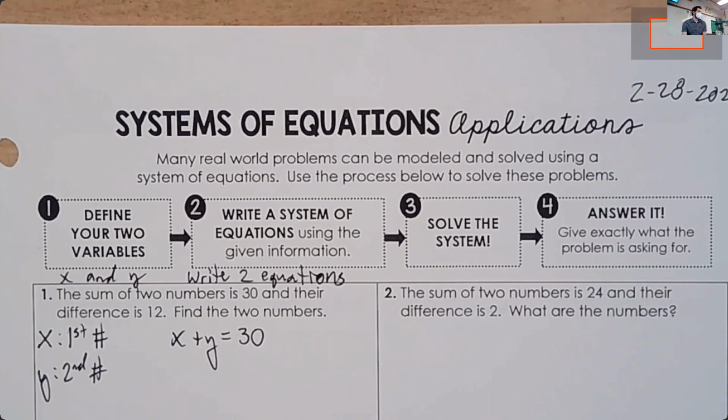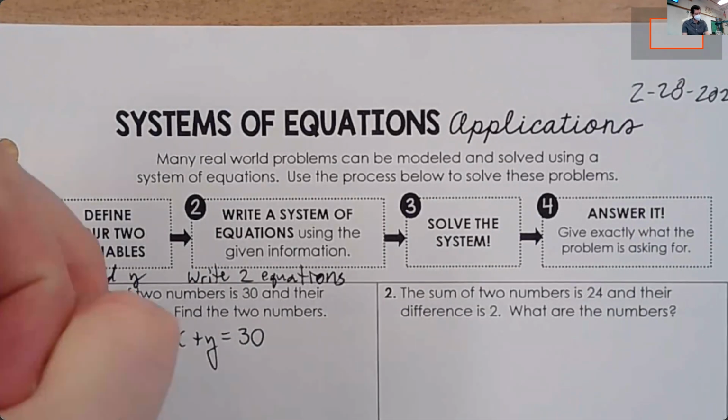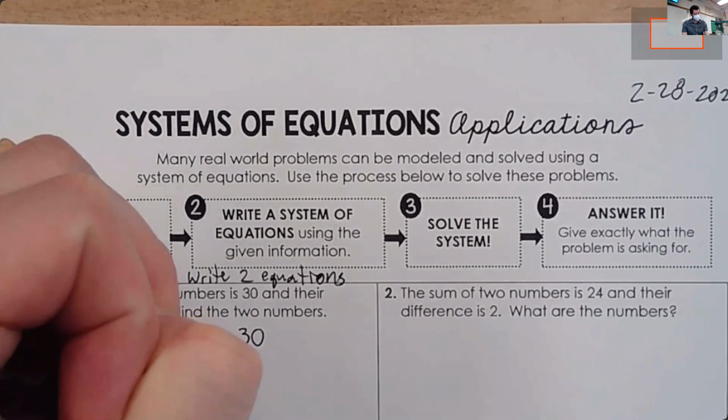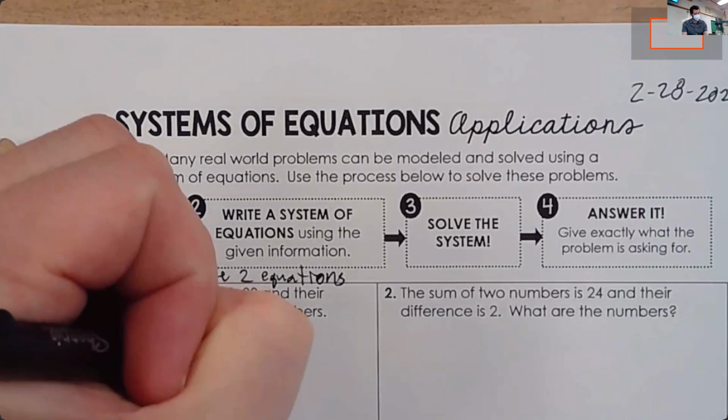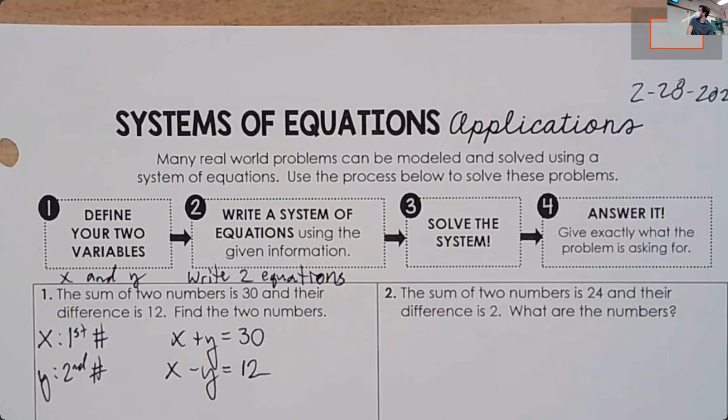What does difference mean? Answer to a subtraction problem, yeah. So sum, addition; difference, subtraction. So if we subtract the two numbers, x minus y, that is equal to 12. So the sum of two numbers is 30, x plus y equals 30. The difference of the two numbers is 12, so x minus y equals 12.